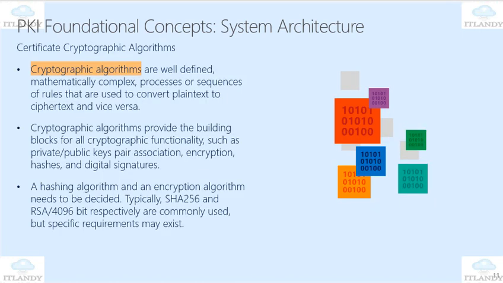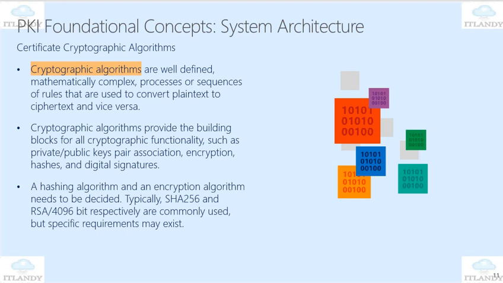Next, the certificate cryptographic algorithm. Remember, the path length and the cryptographic algorithm and the hierarchy. The cryptographic algorithms are well-defined, mathematically complex processes or sequences of rules used to convert plain text into ciphertext and vice versa.